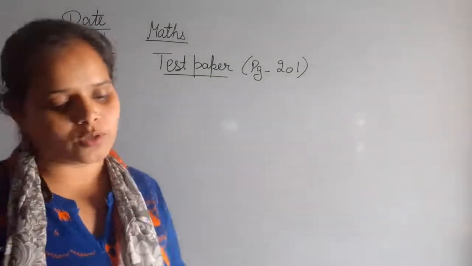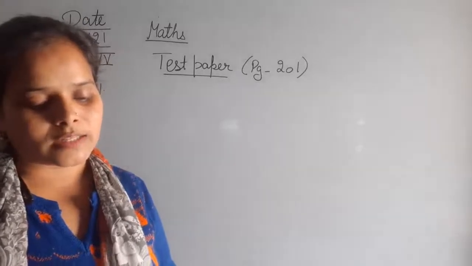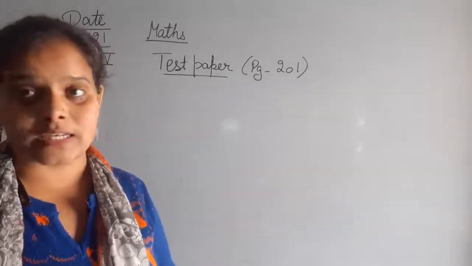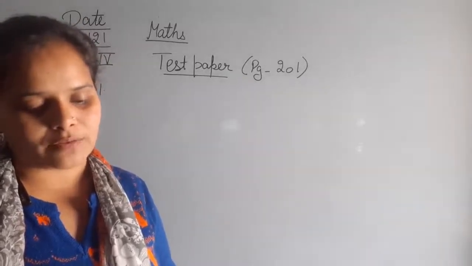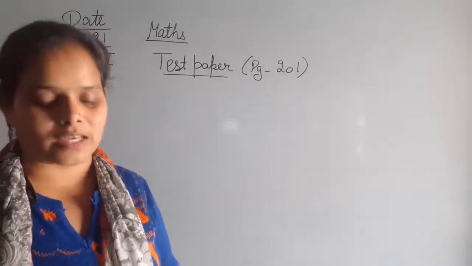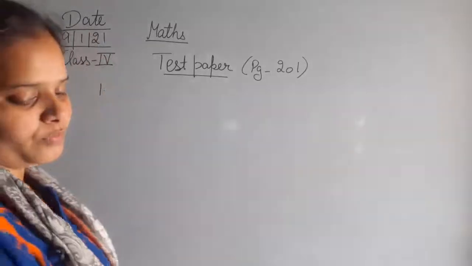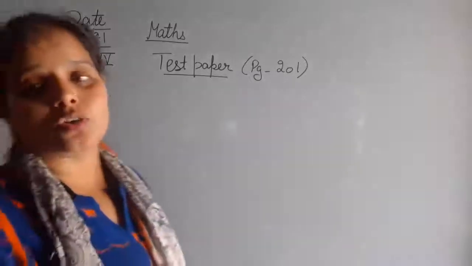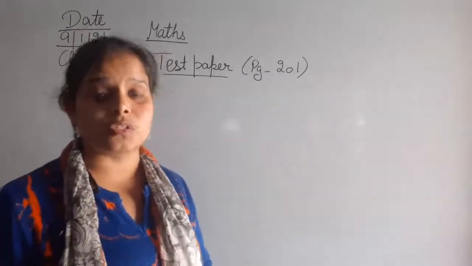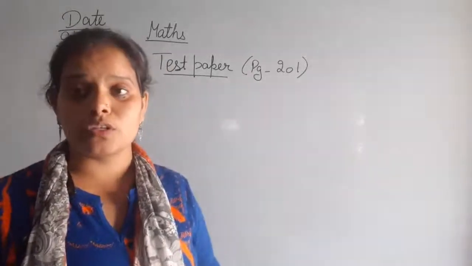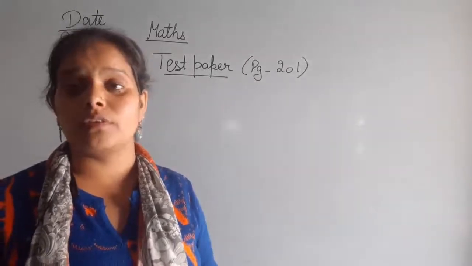How can we find the cost of 1 cycle from the cost of 2 cycles? For that we will do the division.